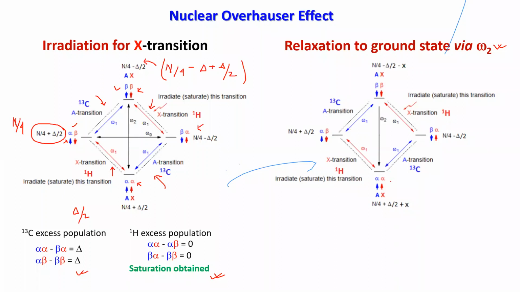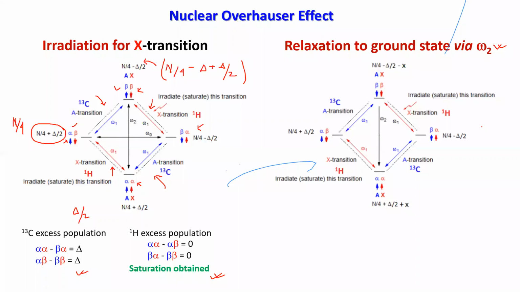If you remember, at the beginning I told you two quantum excitation is not possible, that is, quantum mechanically that transition is not allowed. At the same time, two nuclei changing their spin states in the same direction is not allowed.